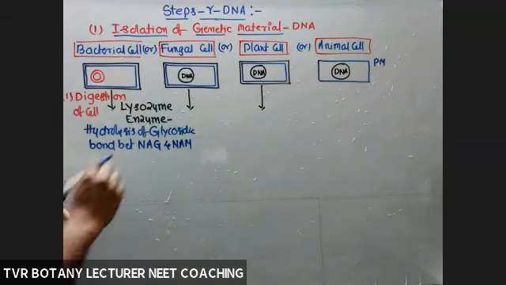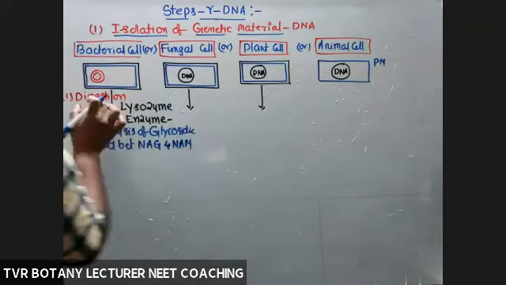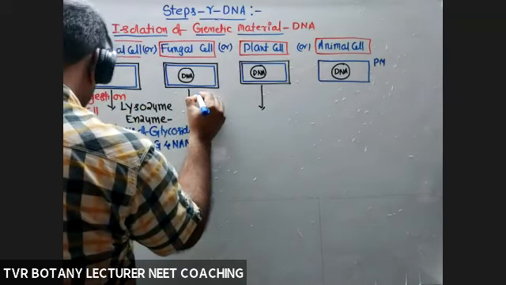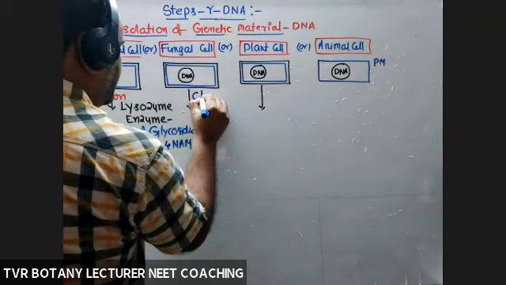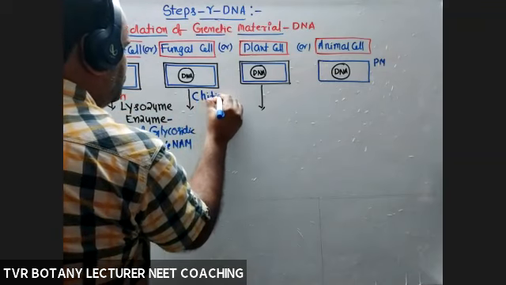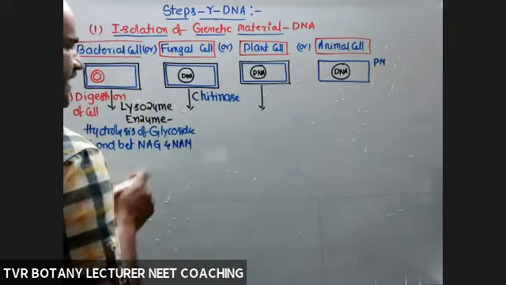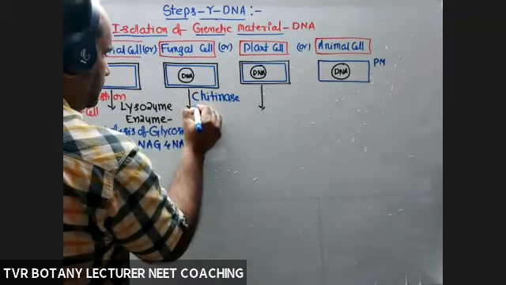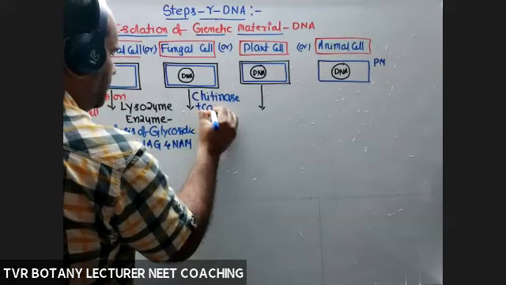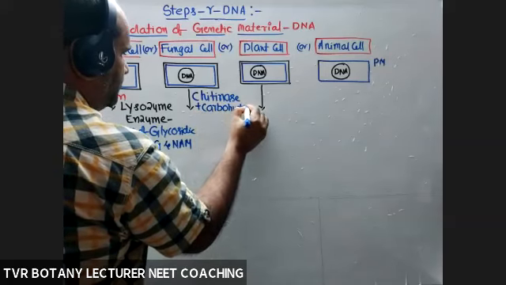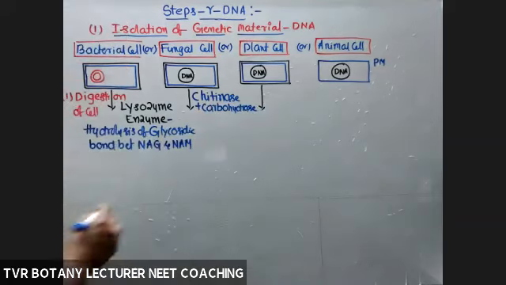In the case of fungi, here also digestion of the cell wall, by what enzyme? Chitinase. In the textbook, chitinase is given. You can add one more also, chitinase and other carbohydrases, but this was not given in your textbook.